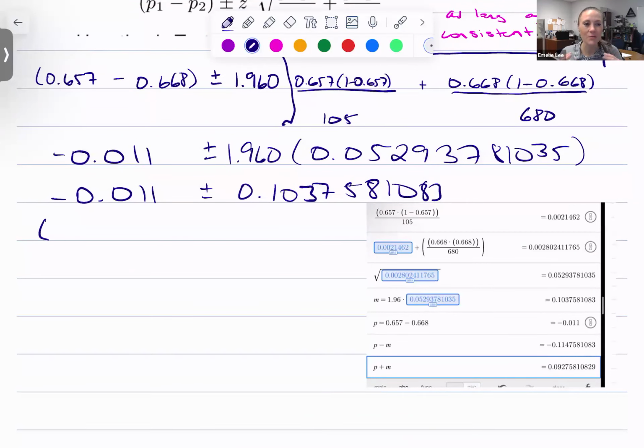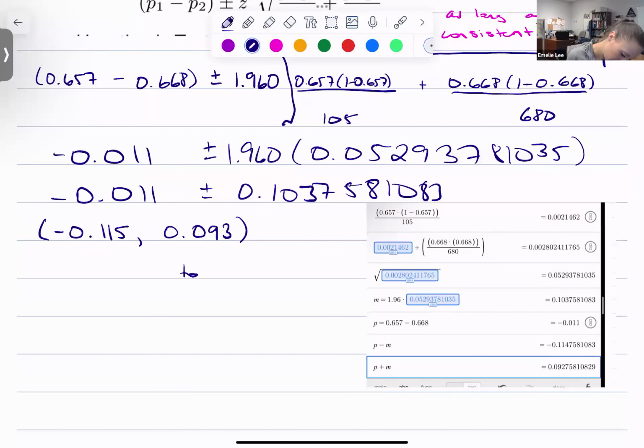It's usually safe to keep as many decimal places as we were given. And so we were given 3 decimal places, and so I returned 3 decimal places. So at 3 decimal places, I'm going from negative 0.115 up to 0.092, to 3 decimal places.